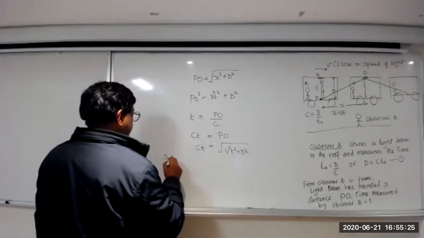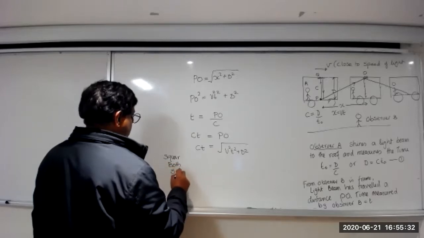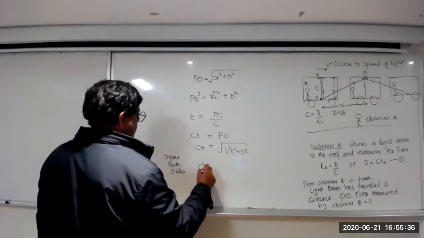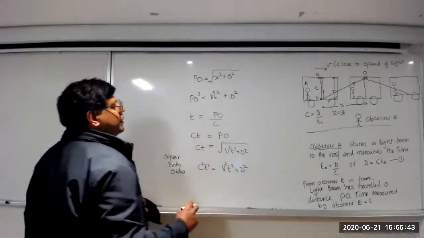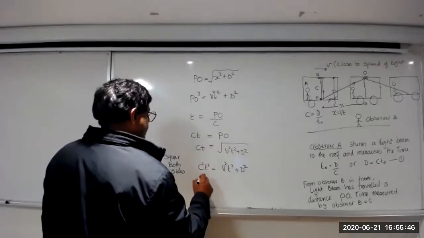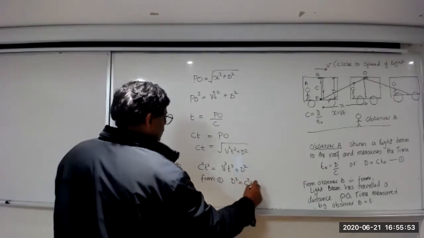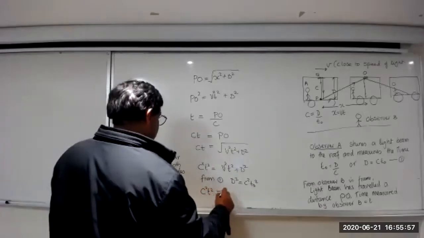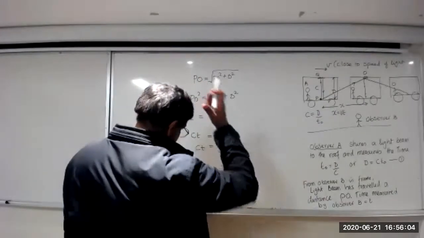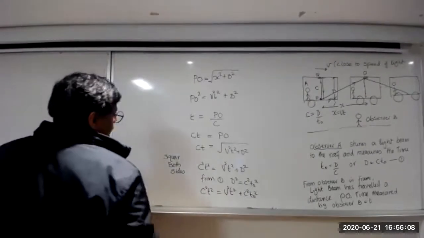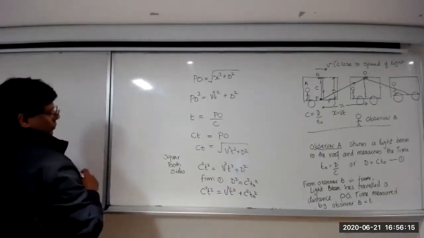Just square both sides. Since d squared, so from equation 1, and then you can get an expression for t. You divide everything by c squared.